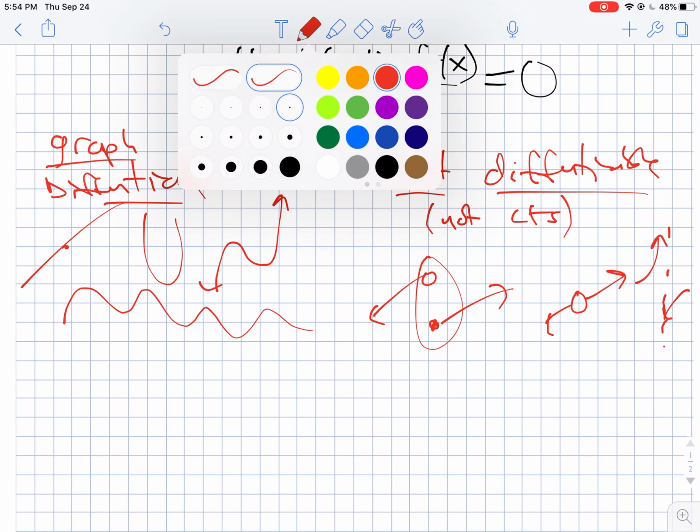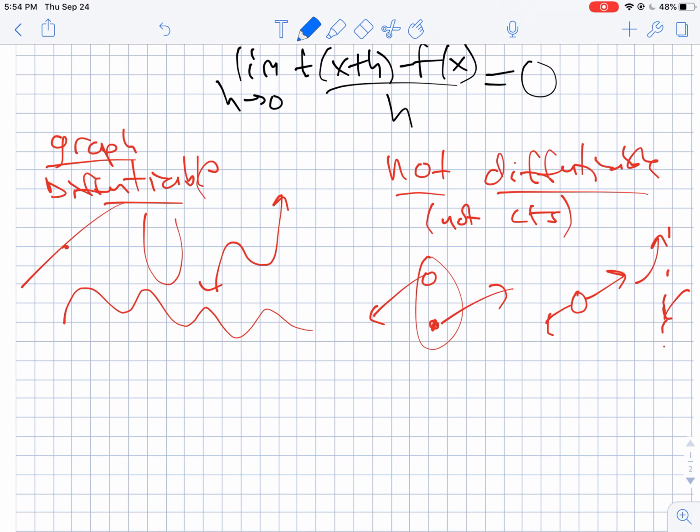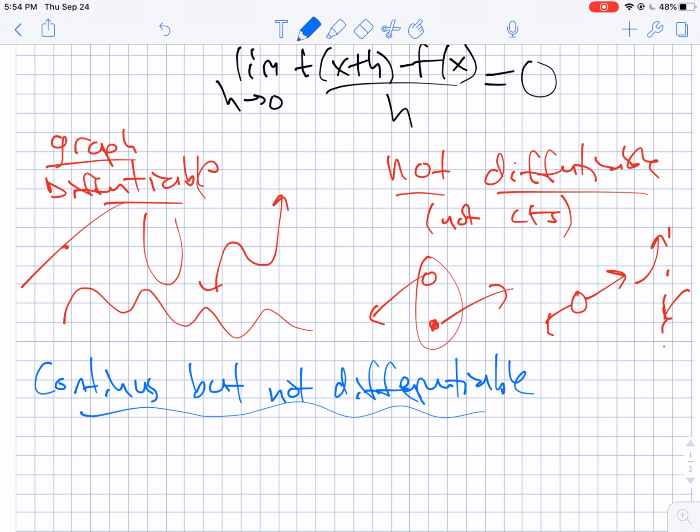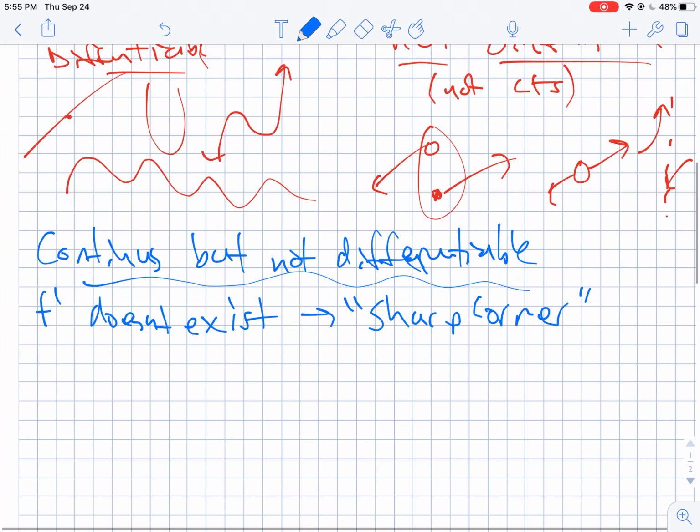But the new case today that we also want to think about is what's happening if it is continuous but not differentiable. Of course, if it's continuous but not differentiable, what that means is that f prime does not exist. The word that I use for this is a sharp corner. We see a sharp corner in something like the absolute value of x.